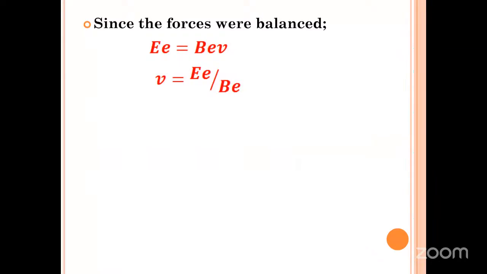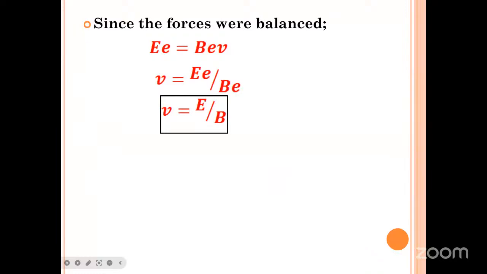And of course, the charge is common. If we cancel the small letter e, we will end up with v equals E over B. I hope that's clear. This one is important. The velocity of a charged object in both electric and magnetic fields is equal to the electric field strength over the magnetic field strength. It's very important. So let's put that somewhere.